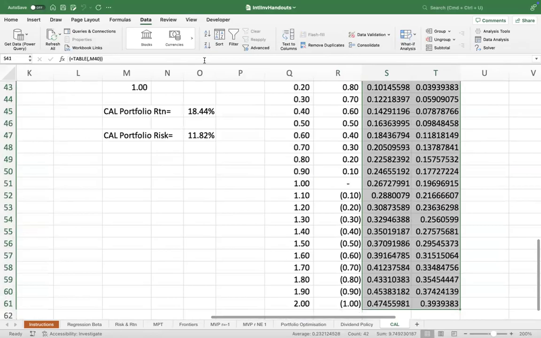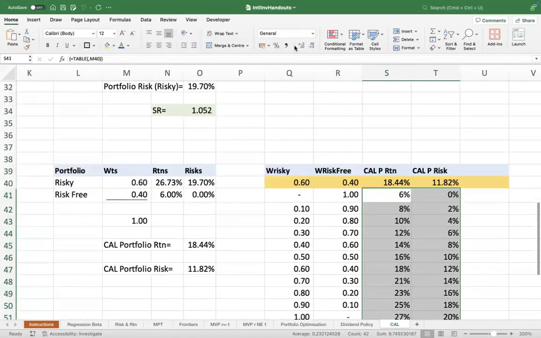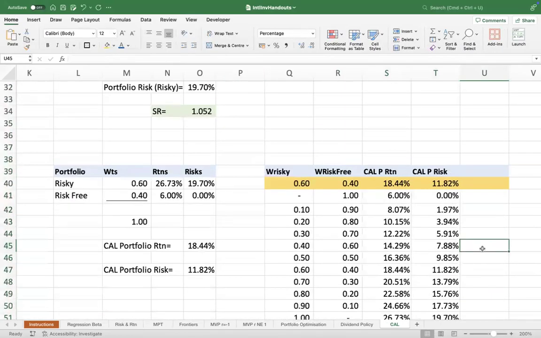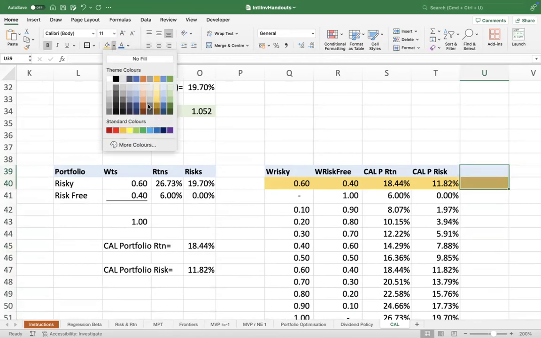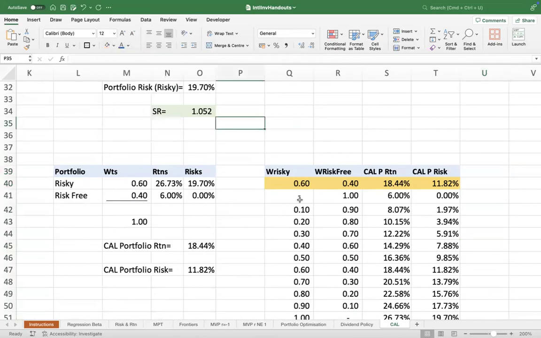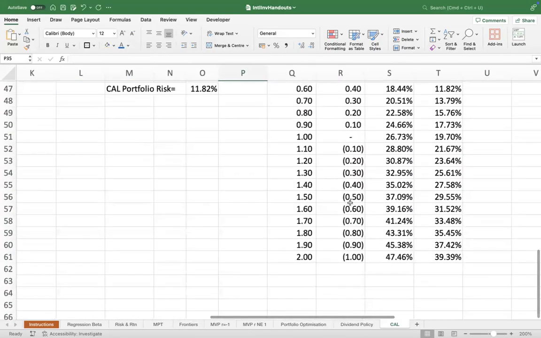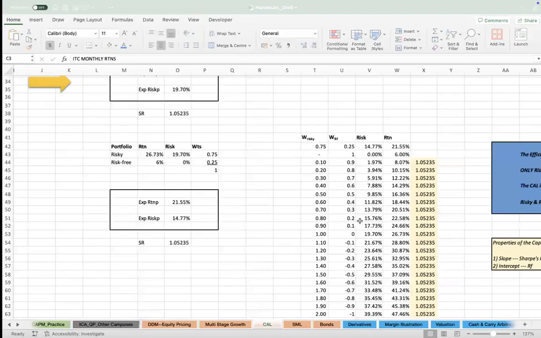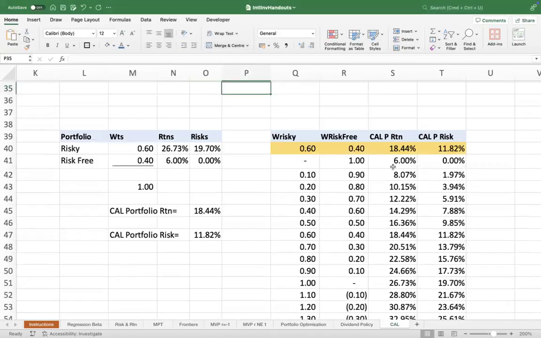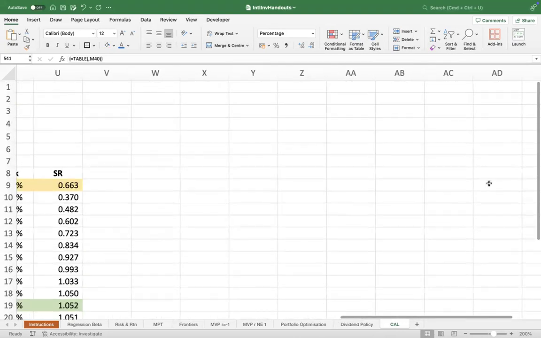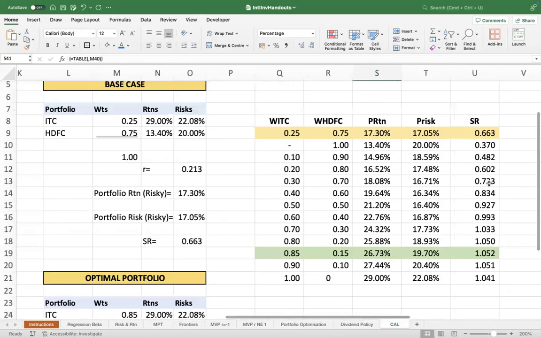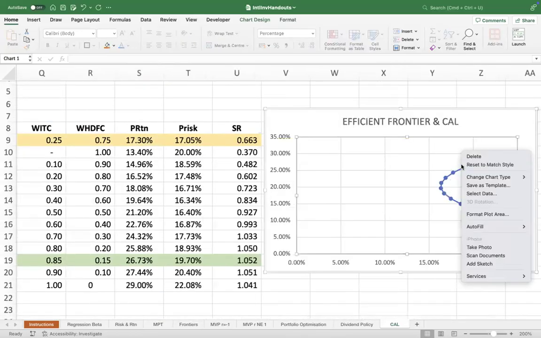So here comes your CAL portfolio's risk and return. Okay, everybody okay? I'll tell you the reason. Very good question. I will tell you the reason why I did it. Now what we will do is I will plot the return and risk. I will add this data here on the graph which we had prepared. Select data.